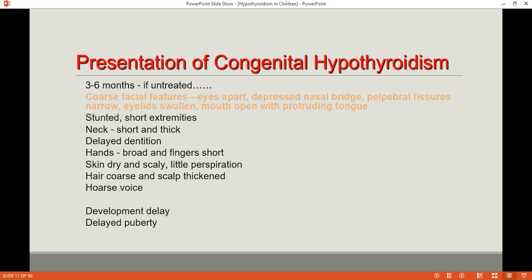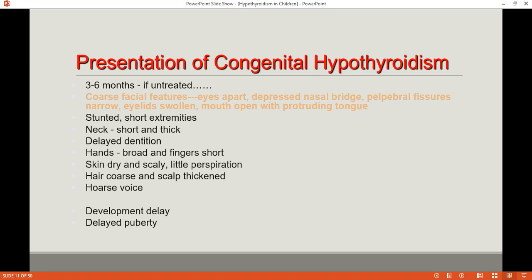You can appreciate it at first look. The child may be stunted with short extremities, a short and thick neck, and delayed dentition later on. The hands are broad and fingers are short, the skin is dry and scaly, and there is little or no perspiration, meaning sweating. The hair is coarse and the scalp is thickened.